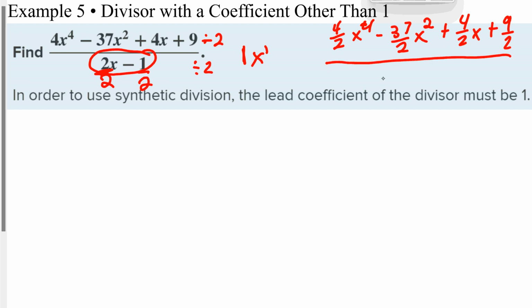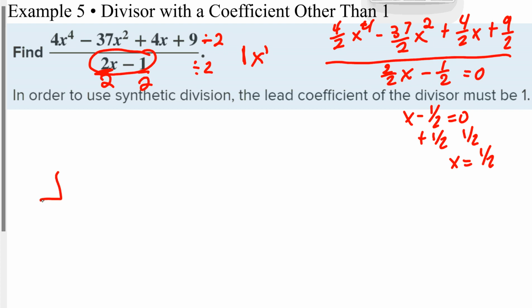Divided by, divide that by 2, 2 over 2 is 1, that's what I want, and then this would be 1 over half, which kind of stinks, it's 1/2, right? So again, when I go ahead and set this equal to 0, x minus 1/2 equals 0, add 1/2, add 1/2, so x equals 1/2. So that's what I'm going to put in this box down here, a positive 1/2.